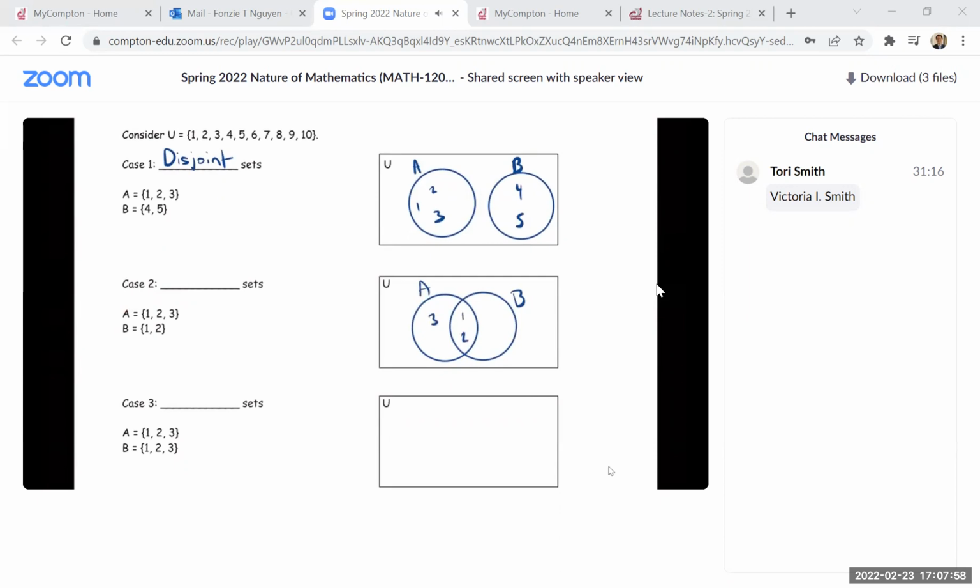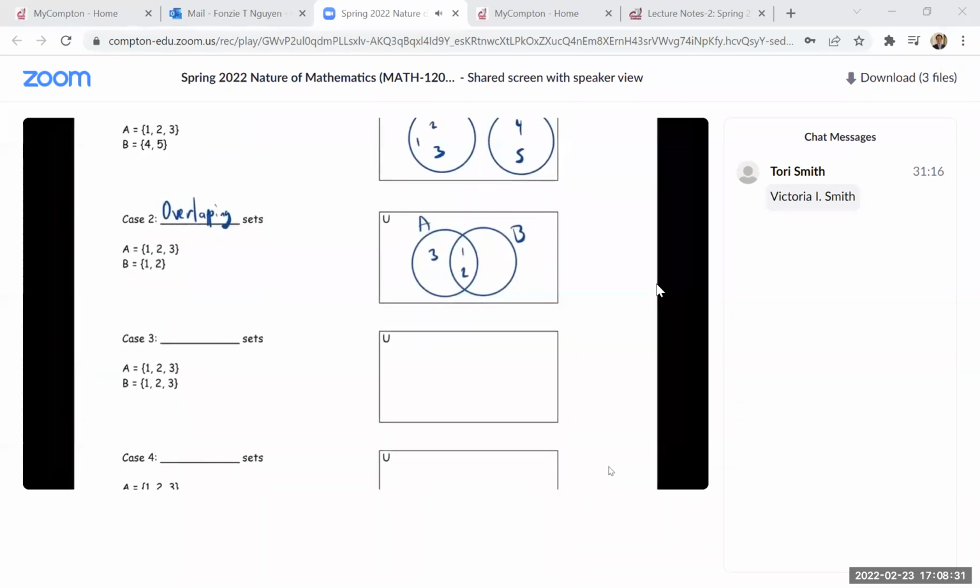Set B has 1 and 2 in it. And set A has 1, 2, and 3, but only the 1 and the 2 are shared with both sets, so they have to be in the overlap region. So that's called overlapping sets, you could call them.